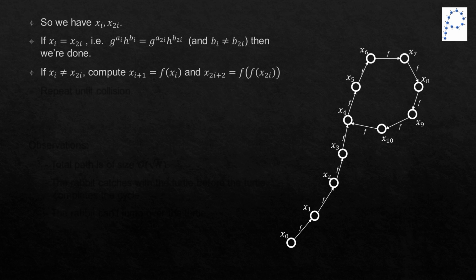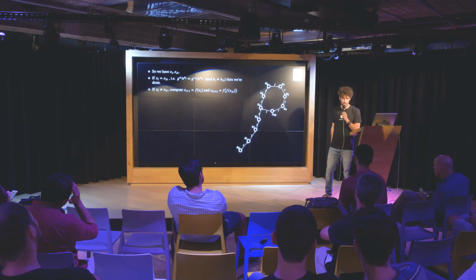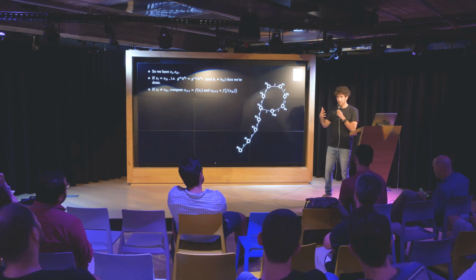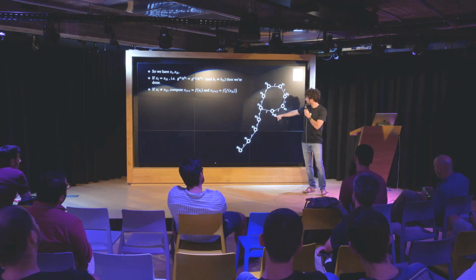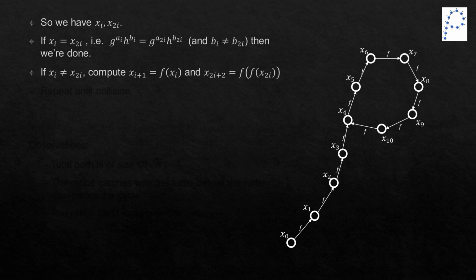It starts at x0, and we apply f to go to x1, we apply f to go to x2, we apply f to go to x3, etc. And after applying it many, many times, we get a collision. The collision is right here. x10, we apply f, we go back to x4. So in other words, x11 is equal to x4, x12 is equal to x5, x13 is equal to x6, etc. And the collision here just happens because the sequence appears random.